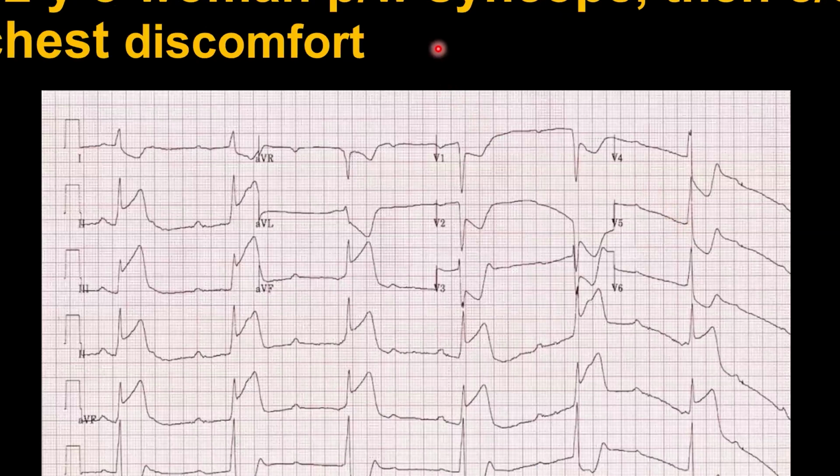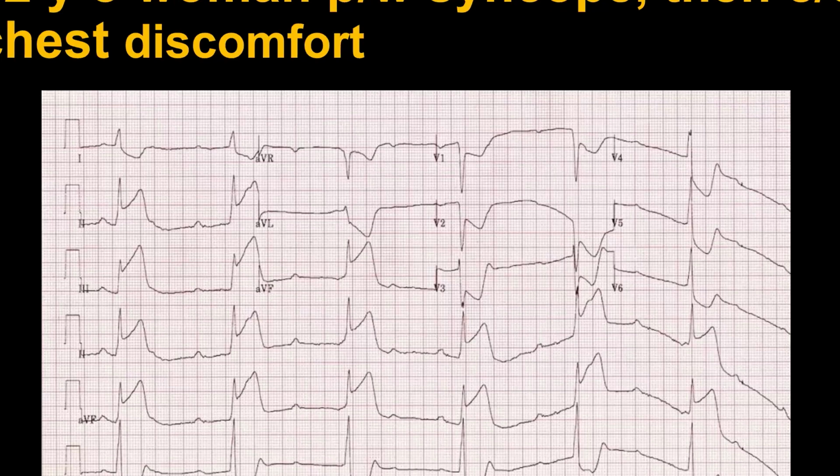Now here's a 72-year-old woman who presented with syncope and then complained of chest pain. There's a little baseline wander here. But if you look at the heart rate, you notice that the PR intervals are all different.